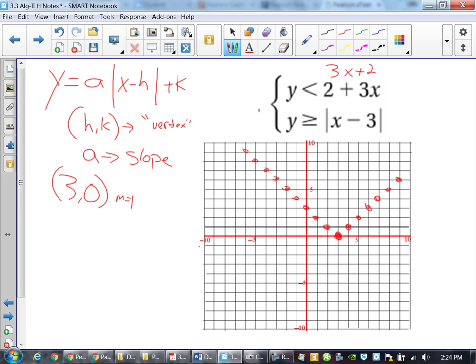Solid or dotted line to connect those? Correct, because of the bar, it's solid. Okay. Did that absolute value go through the origin? No. So we'll test it. If I do this at 0, 0 minus 3 absolute value, what's 0 minus 3?